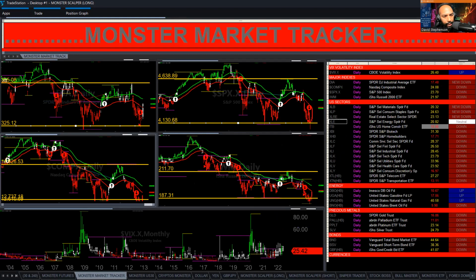Price is stuck between support and resistance. We could get a big move higher, but guess what? Sellers are still in control. But the big thing is they're holding that support. It's crazy that they're holding. They're really holding support.